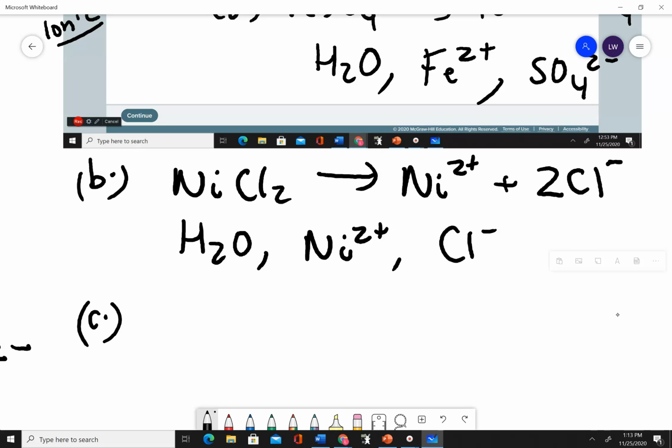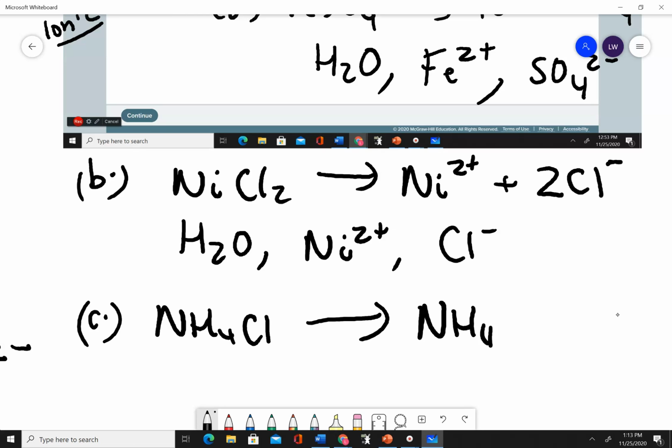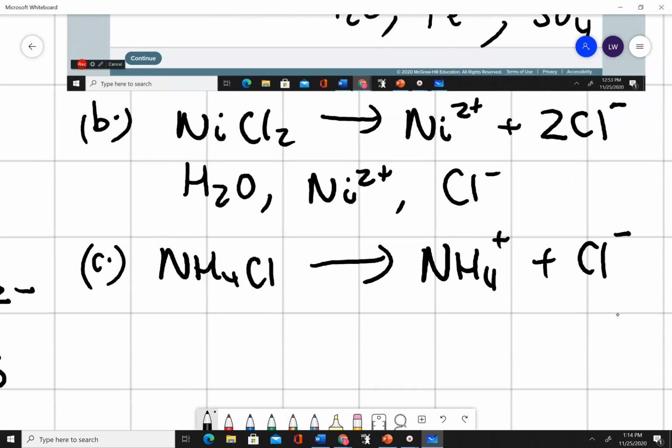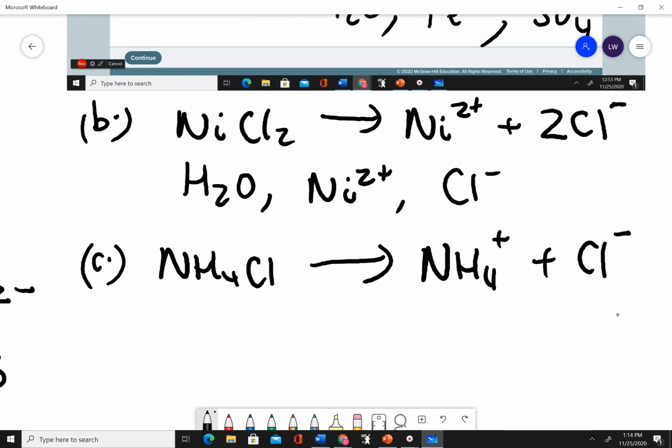Now finally, we've got to do ammonium chloride, NH4Cl. When this is dissolved in water, because it's an ionic compound, it dissociates into its component ions, which in this case are the polyatomic cation, the ammonium ion, and the monatomic anion, the chloride ion.